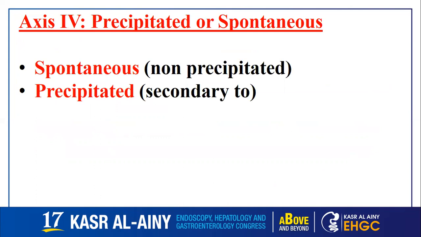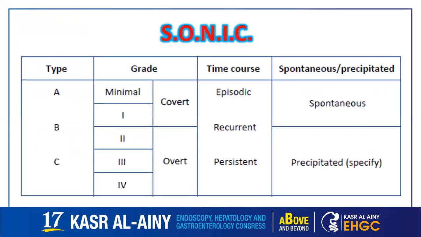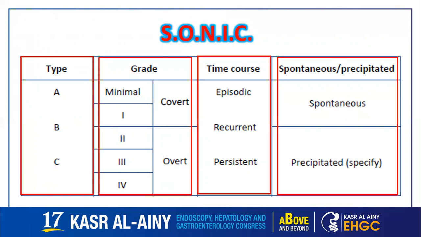Axis 4, either it is precipitated or spontaneous. Spontaneous is where there are no precipitating factors, and precipitated is where there is an event which precipitates the hepatic encephalopathy. This is the table for SONIC, as we can see: type A, B, C, grades minimal, 1, 2, 3, 4, then covert and overt, time course episodic, recurrent, persistent, either spontaneous or precipitated.